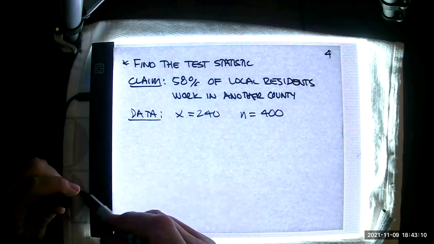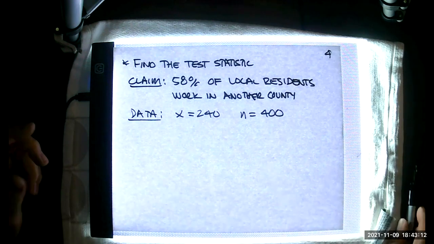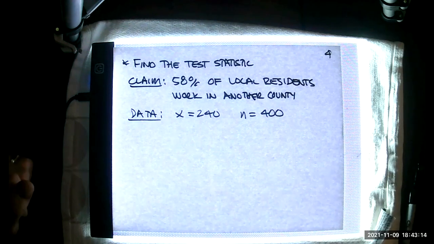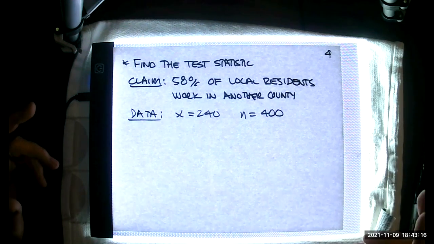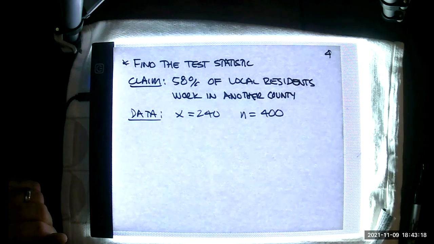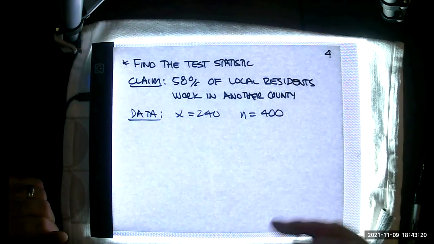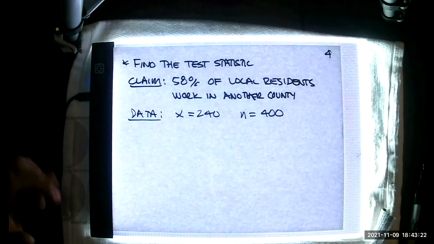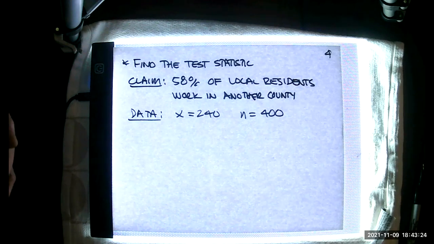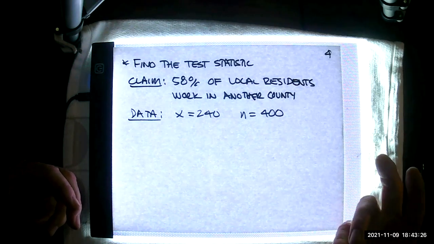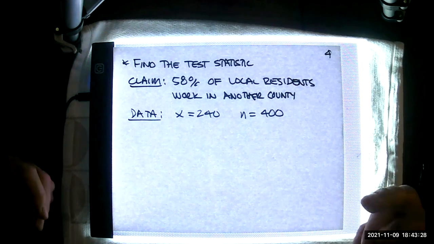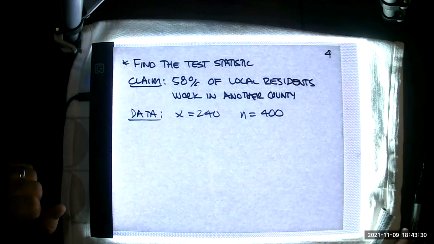So a test statistic is based on two things. It's based on sample data and a claim pulled from that null hypothesis. That is the assumed claim. So we're essentially comparing our data to an assumed value, and we're seeing if the difference is different enough.